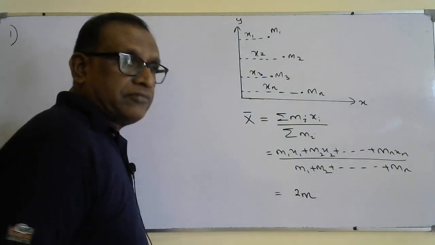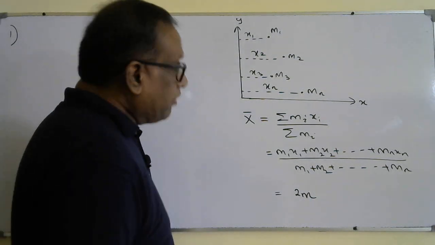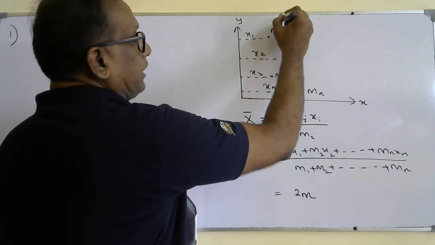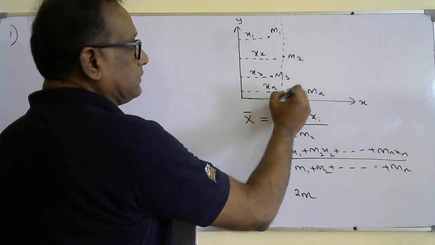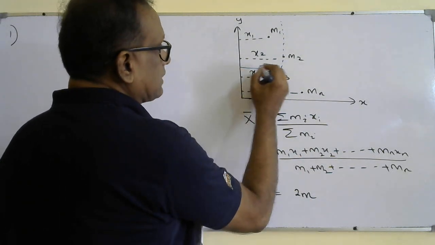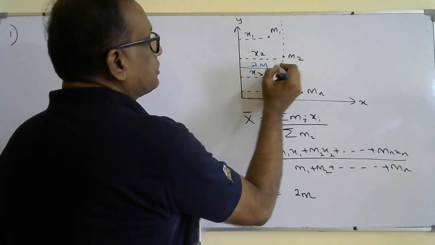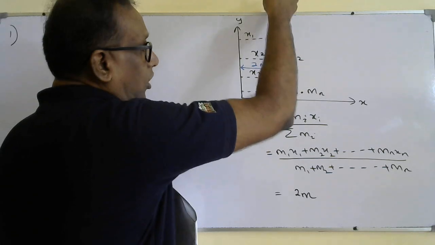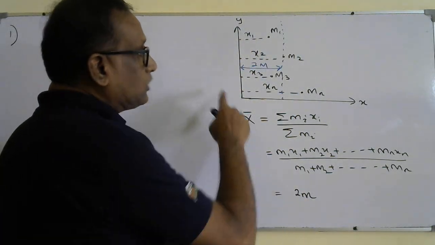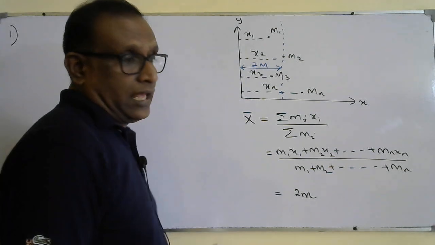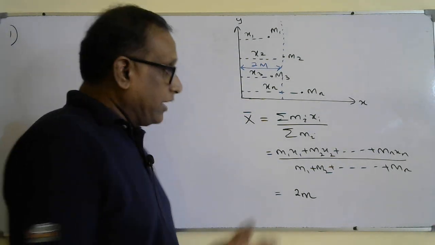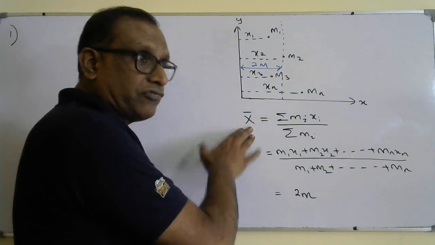So what do you understand by this 2 meters? That means from the y-axis, it is at 2 meters distance. So we don't know the actual point. Center of mass is at 2 meters, which means this length is 2 meters. So the center of mass is on a point on this line which is at 2 meters from the y-axis. But we can't find the exact point of the center of mass when we find it from an axis.